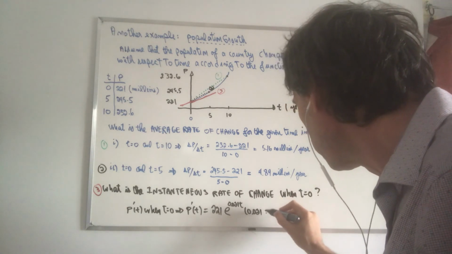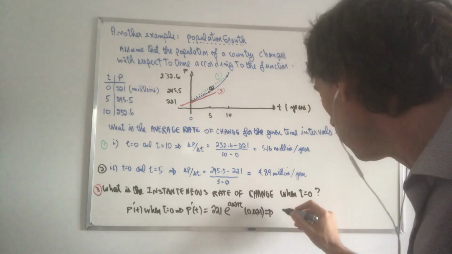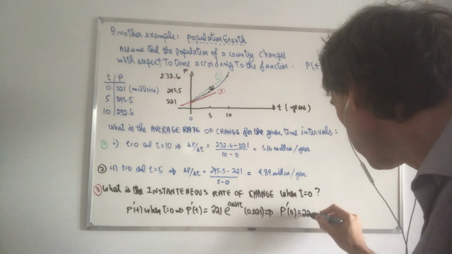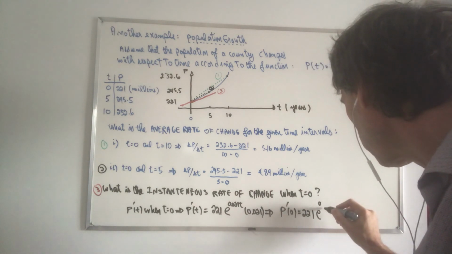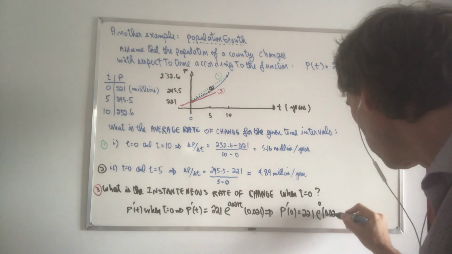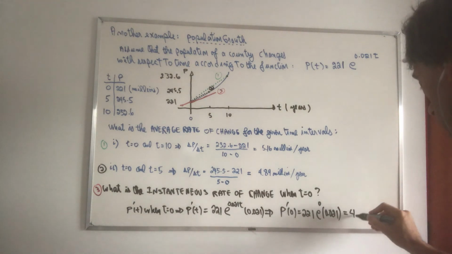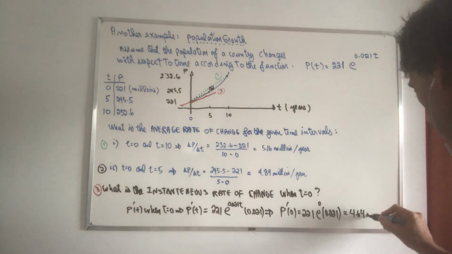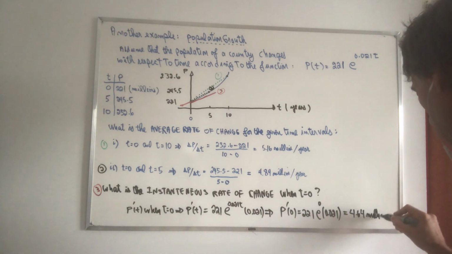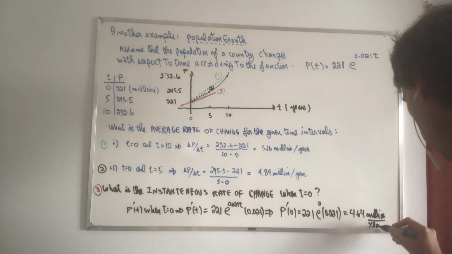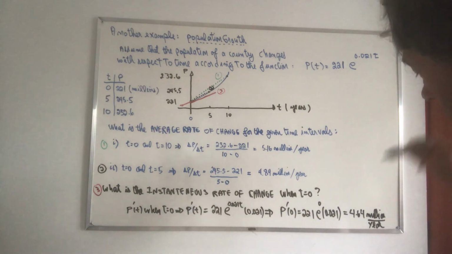So p prime of 0 is 221 e to the 0 times 0.021. And if you throw this into the calculator, you're going to find something that corresponds to 4.64 million people per year. And that's your instantaneous rate of change.